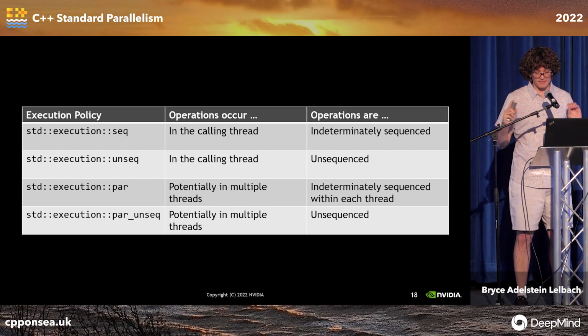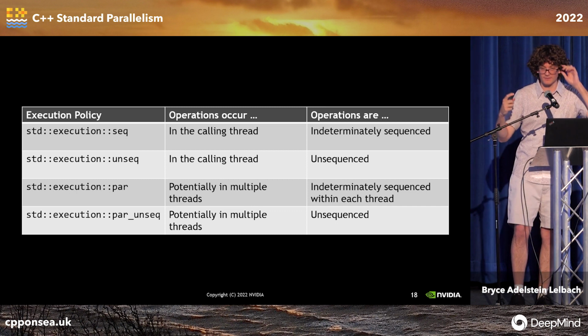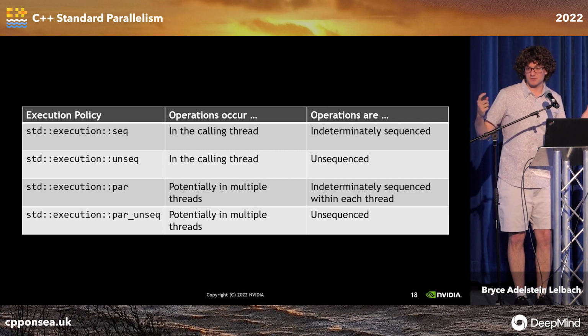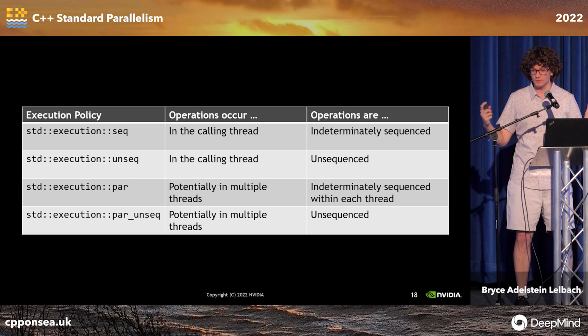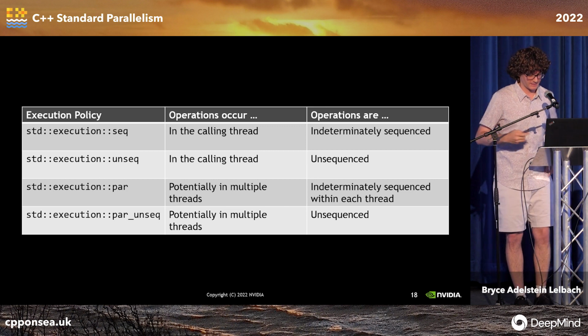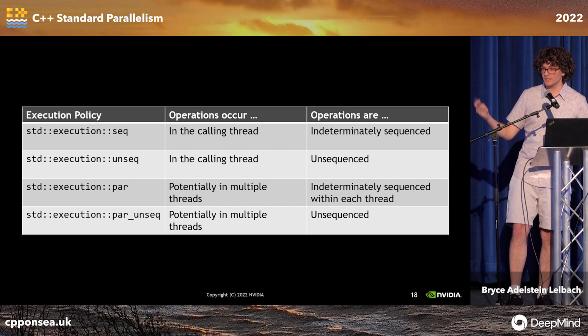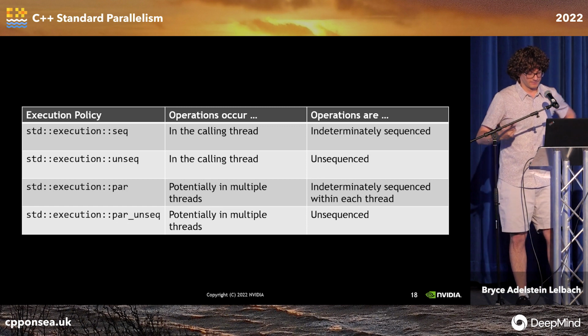And again, this means parallelism and vectorization are allowed, but they're not required. The implementation may choose to not parallelize. Like if you call a parallel sort with a single element, most implementations are probably not going to do anything in parallel for that, or even for a small number of elements like 8 or so.